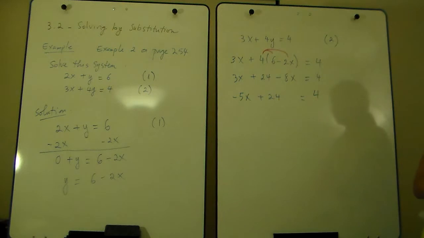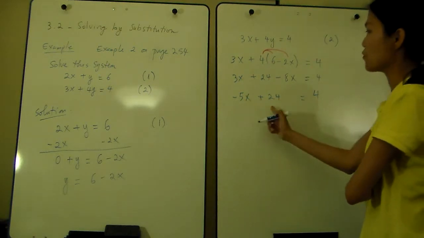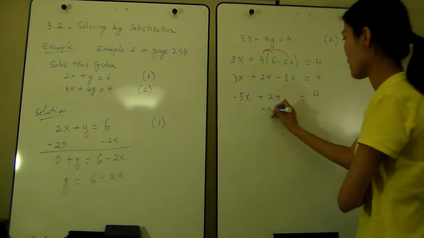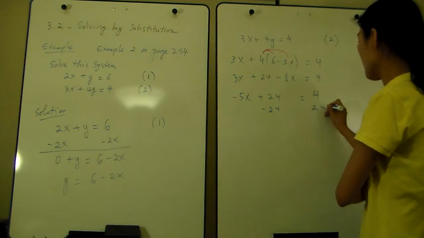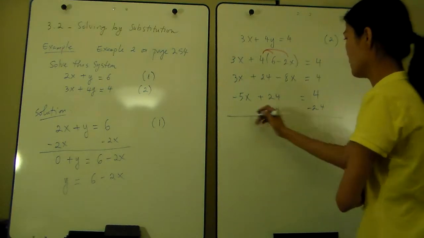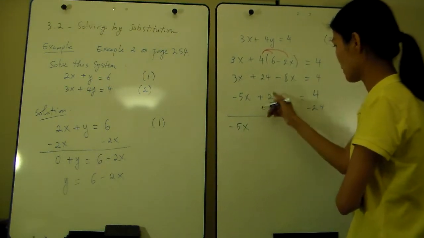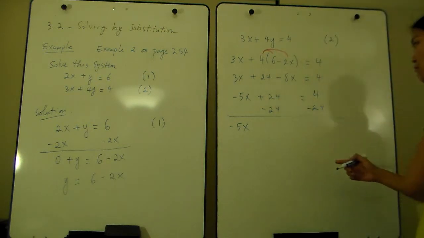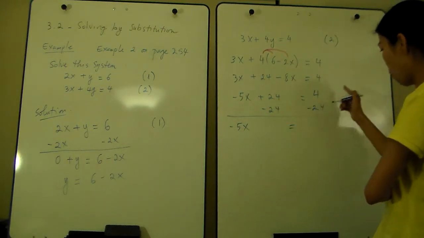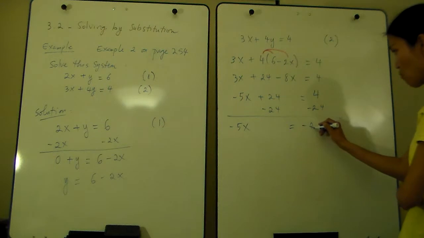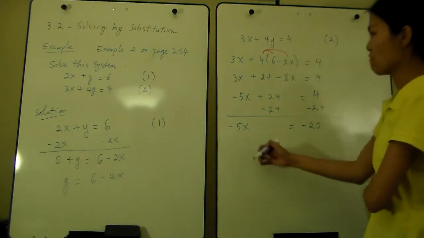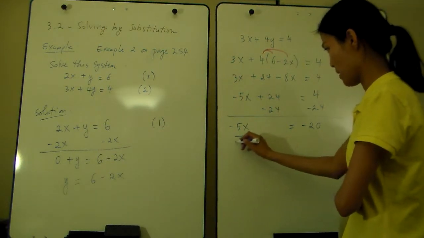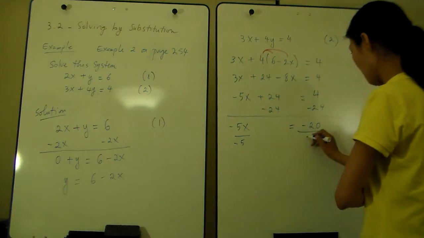Okay. Now to solve for x, we need to remove this constant term, so subtract 24 on both sides. Negative 5x plus 24, subtract 24 is 0. 4 subtract 24 is negative 20. You can solve for x by dividing both sides by negative 5.